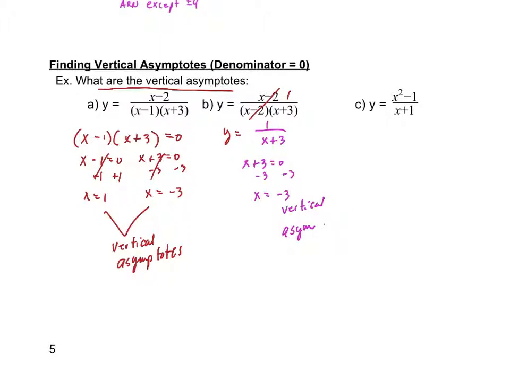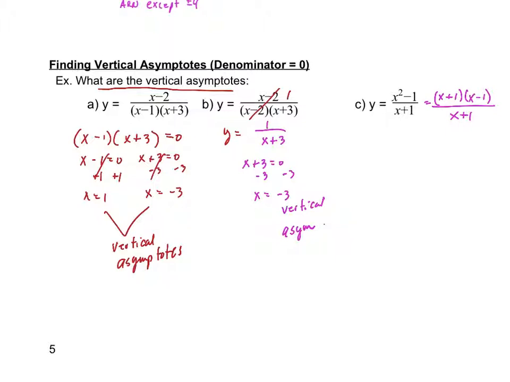And let's see here. Look at this quadratic in part C. This x squared minus 1, you should recognize that as the difference of squares. So we have x plus 1 times x minus 1 over x plus 1. And I'm looking for a point of discontinuity, or vertical asymptotes, I'm sorry.